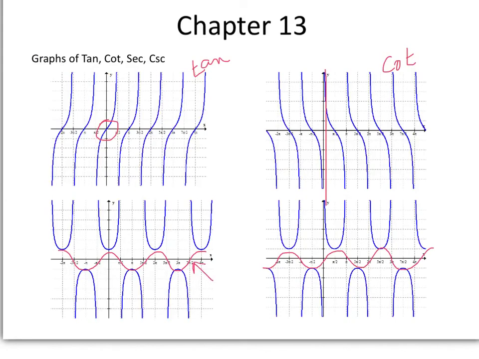Well, this one has its maximum on the y-axis, so this one's cosine. And this has its center at the y-axis, so that one has to be sine. Which means that the reciprocal of cosine is secant. The reciprocal of sine is cosecant.